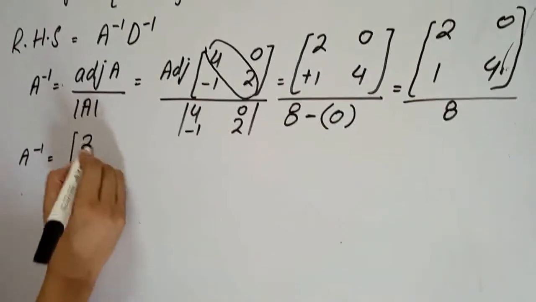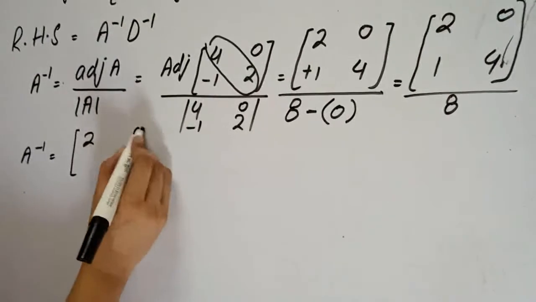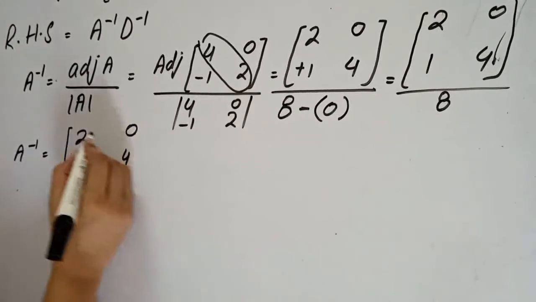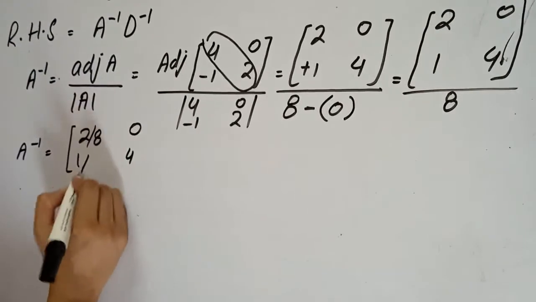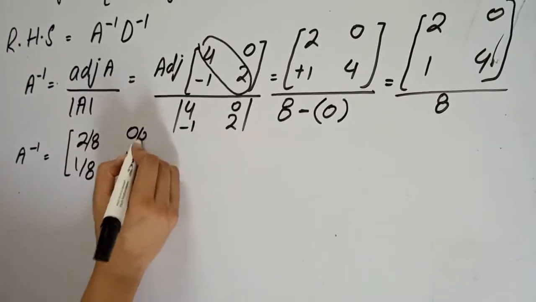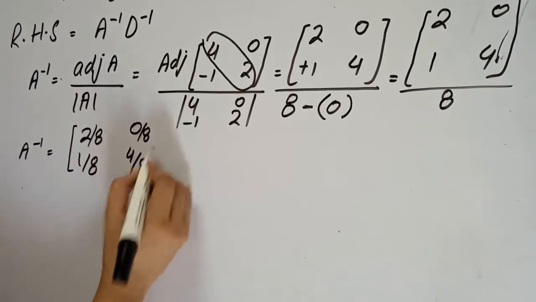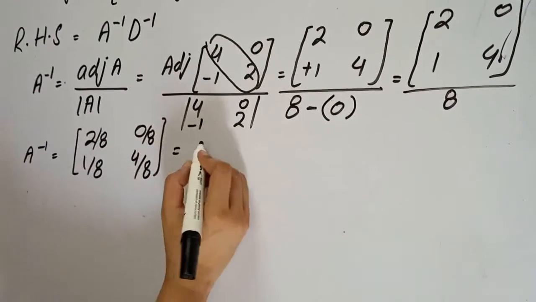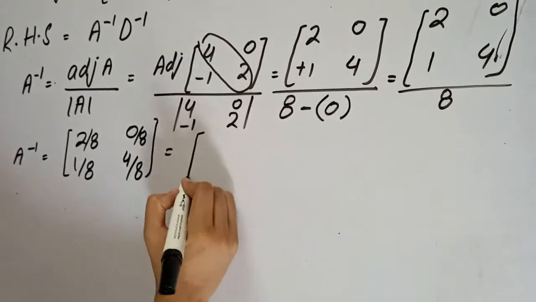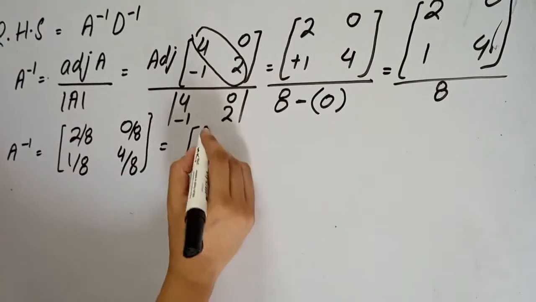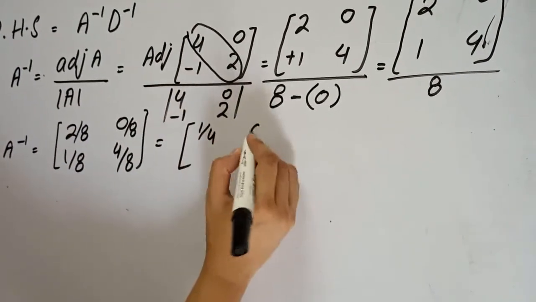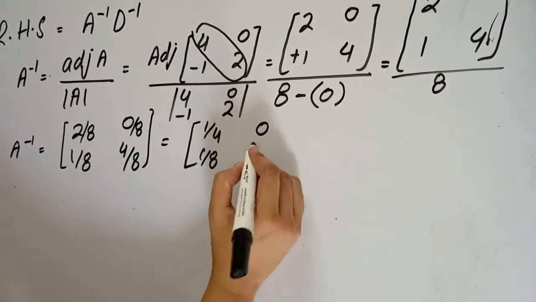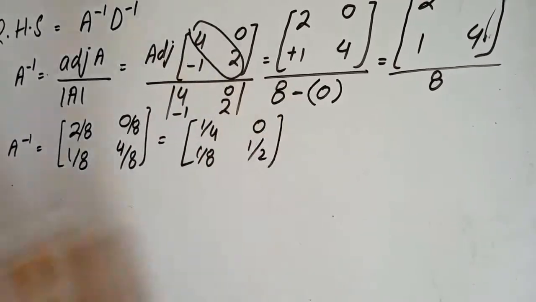So it's divided by 8, this is divided by 8, this is divided by 8, and this is divided by 8. So this will be equal to 1 over 4, 0, 1 over 8, 4 1s are 4, 4 2s are 8.